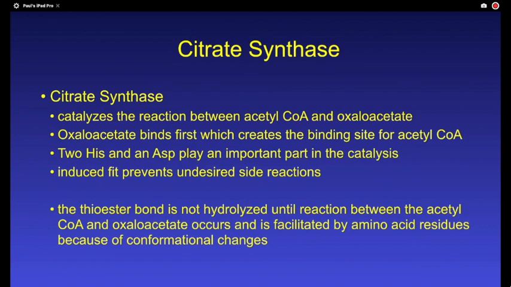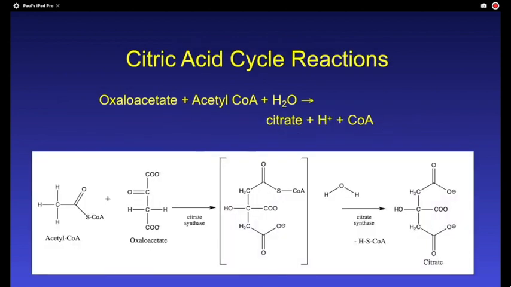Citrate synthase catalyzes the reaction between acetyl-CoA and oxaloacetate. What's interesting is the oxaloacetate has to bind first to the enzyme because there's no binding site for acetyl-CoA. It only creates the binding site when the protein and the second substrate, the oxaloacetate, is there. Okay? And that actually causes the reaction to occur. There are 2 histidines and 1 aspartate that play important roles. Let's go back for just a moment.